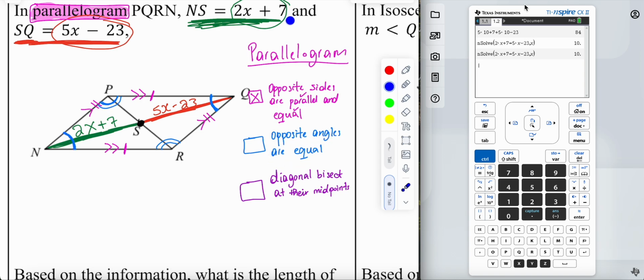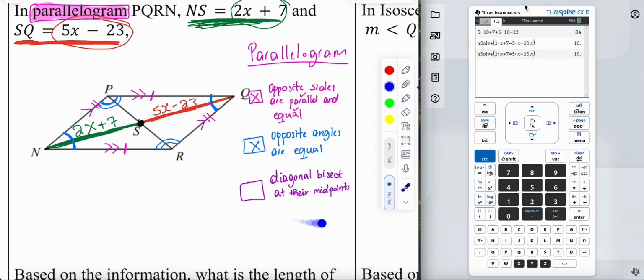Nothing was given in the problem about the angles, so we don't know their measurements. So we're not going to be using this one either. This one says diagonal, and we were given information on the diagonal. We have this green part and this red part. So we're going to be using this one.